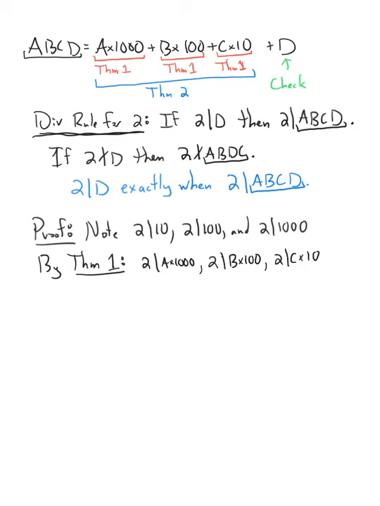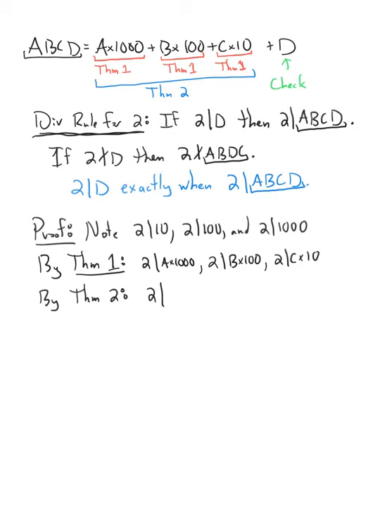And by Theorem 2, we have that 2 is a factor of the sum of these guys. So A times 1,000, B times 100, C times 10 are all divisible by 2, so their sum must be as well.